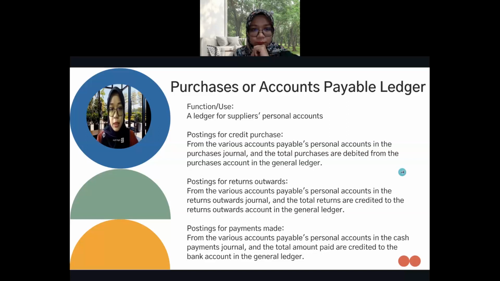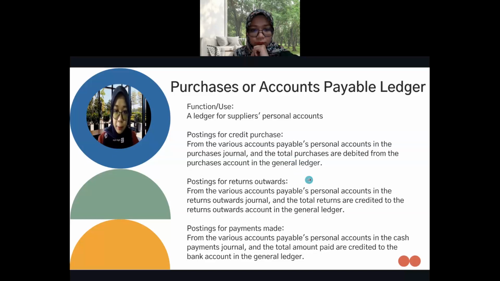For example, the posting for credit purchase: the journal entry is debit purchase or inventory, credit account payable. The posting for return outwards should contrast the credit purchase entry, meaning you debit account payable and credit inventory or return outwards, as we return goods to our supplier.